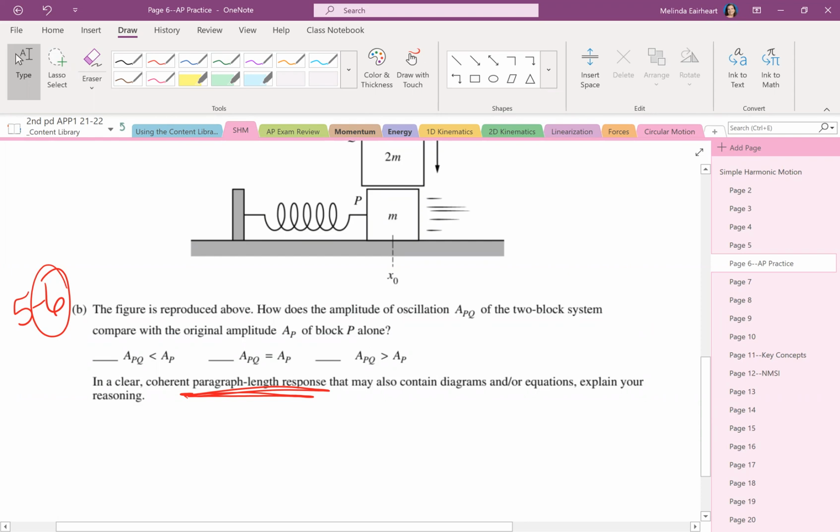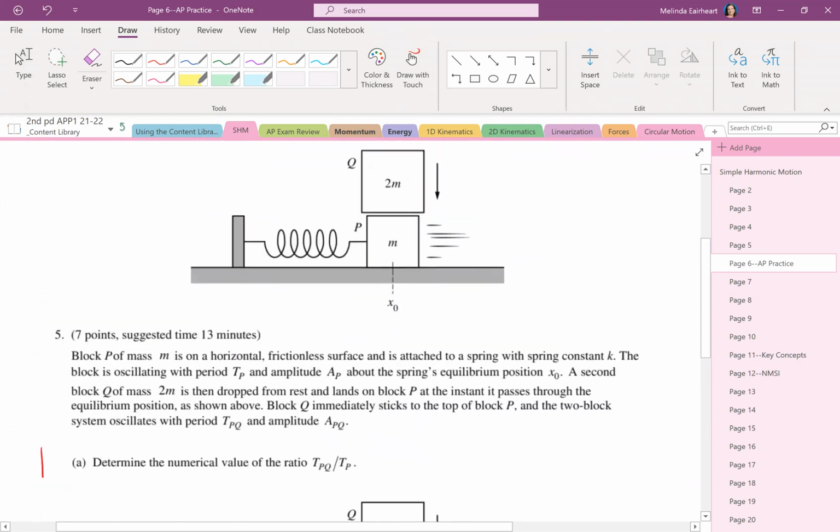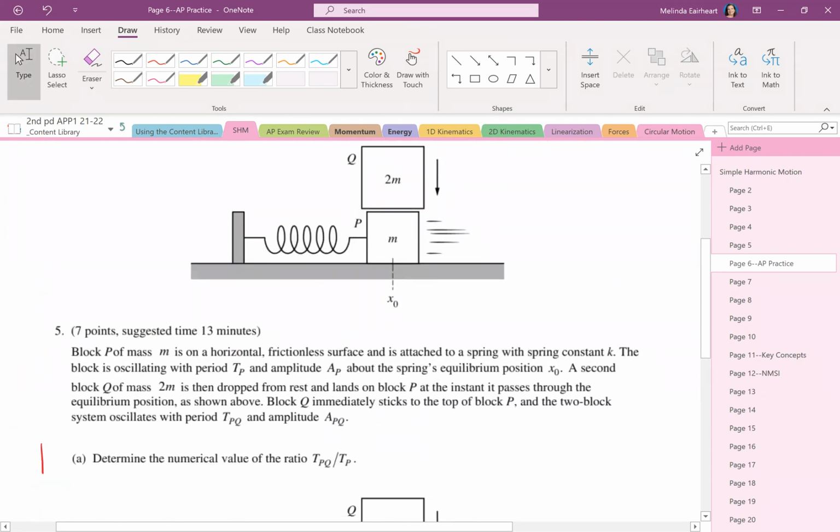So maybe here we're looking for 5 or 6 physics ideas. Everybody good? Okay, so block P, which is the bottom, has a mass M. It's on a horizontal frictionless surface, attached to a spring with spring constant K. So just ignore block Q for the moment. The block P is oscillating with a period T_P and an amplitude of A_P about the spring's equilibrium position, and they do label it on the picture.